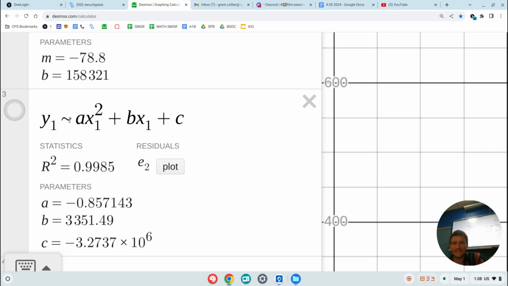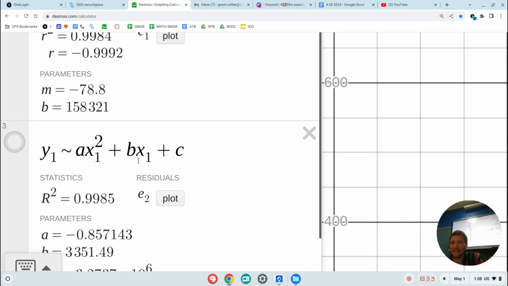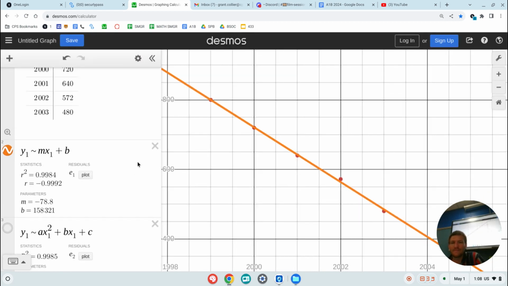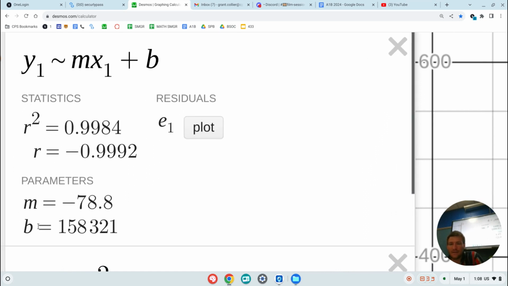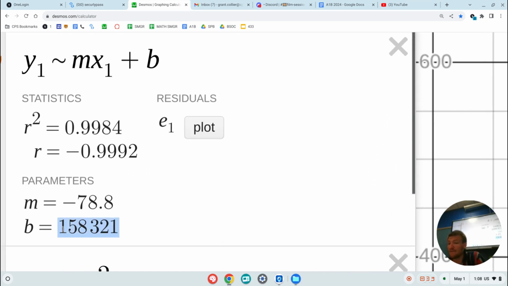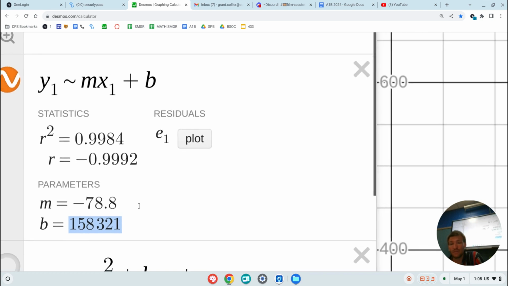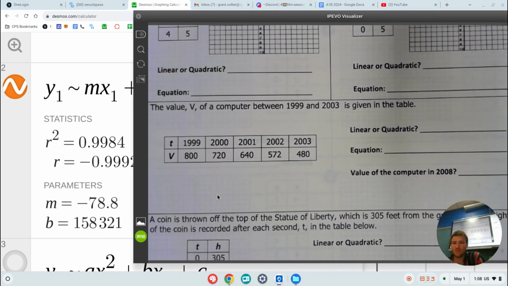So this quadratic, I don't really like it. The linear is good enough. We can delete the quadratic for now if you want. We can always bring it back with the undo. I want to use the m and the b value. I know the b value is pretty large. I know it's a big number. But remember, this question is talking about 2000s.